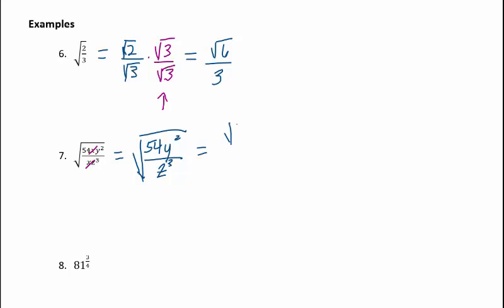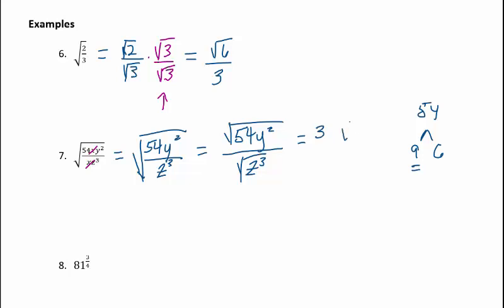We're going to break this up so we get the square root of 54y squared over the square root of z cubed, and then try to simplify the numerator and then the denominator. The square root of 54, I'll do a little bit of scratch work, is 9 times 6, and that gives me a perfect square factor of 9, so we're going to bring out a 3, the square root of 9, and then square root of 6.